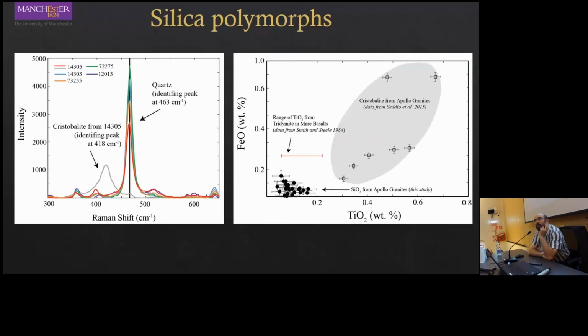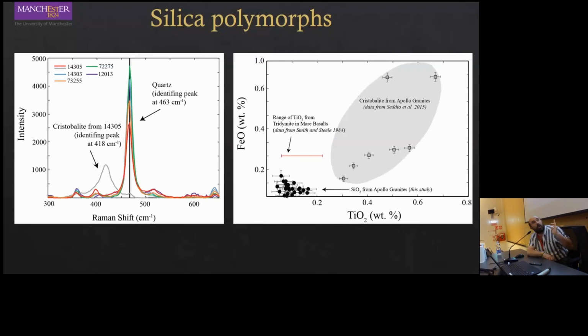If you look at some of the trace element concentrations on the right-hand side there from the SiO2s that we studied so far, the range of TiO2 is much higher compared to the measurements from quartz measured from Apollo basalts, and is much more consistent with the range of TiO2s that's been measured from Mare basalts, so things that we know definitely have crystallized as tridymite.